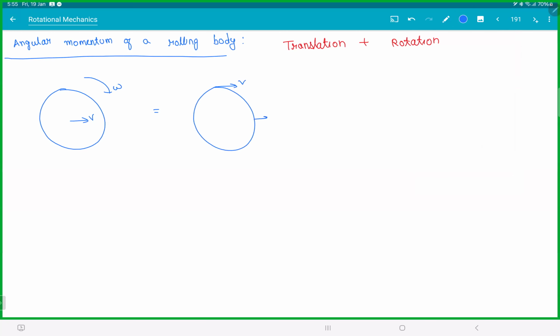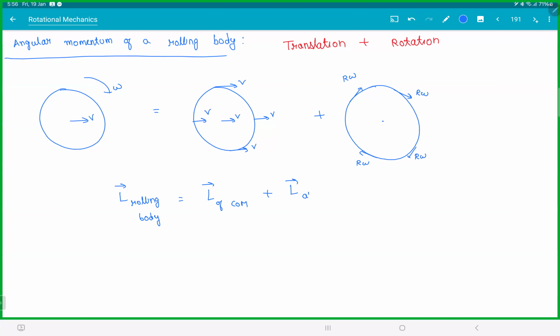You can assume everyone is going with V. So one is rotation, so we can say angular momentum of a rolling body is angular momentum of center of mass plus angular momentum about center of mass.